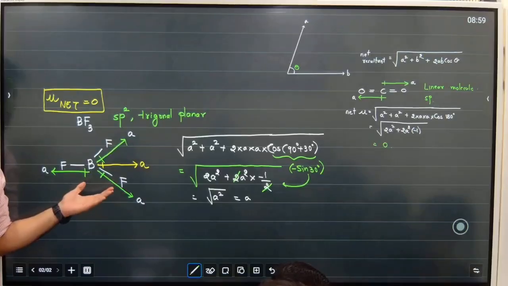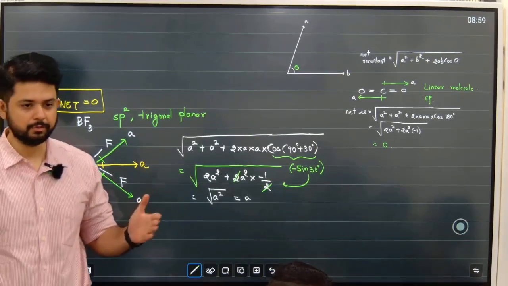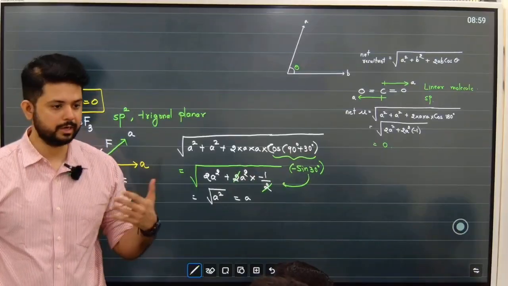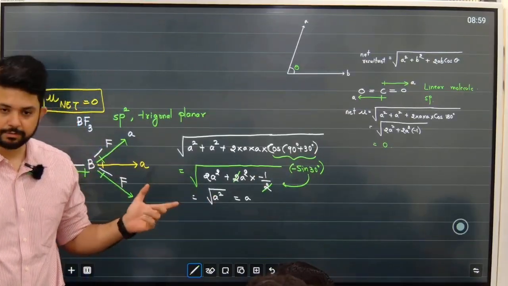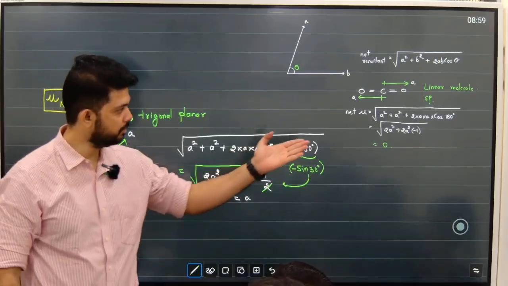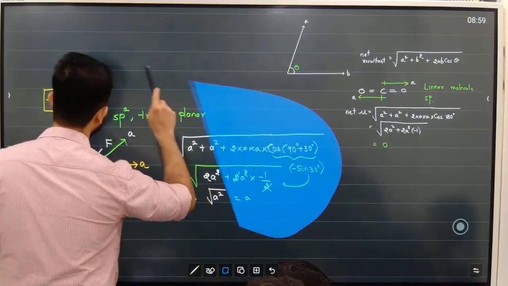Did you get that? Yes or no? You can get questions like, or in exams they come like, which among the following molecules have net dipole 0, net dipole not 0? Planar molecule, non-planar. This also helps us confirm the planarity of molecules, whether a particular molecule is planar or not. So let's move on to the next example.